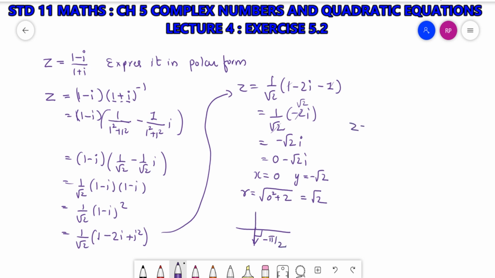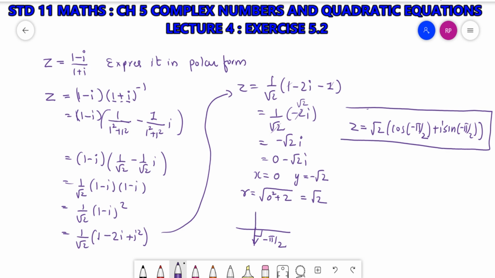So the polar form will be r, that is 1, cos minus pi by 2 plus i sine minus pi by 2. Okay, so this is the answer for this extra sum. Clear? So just note it down.